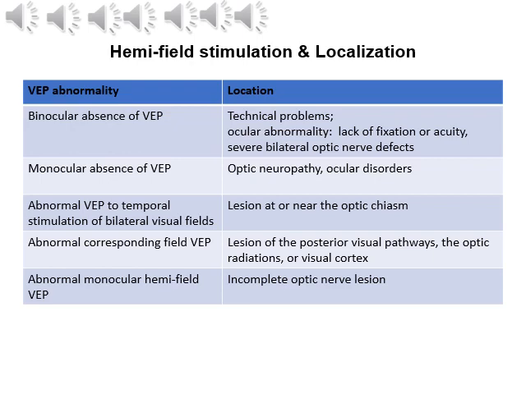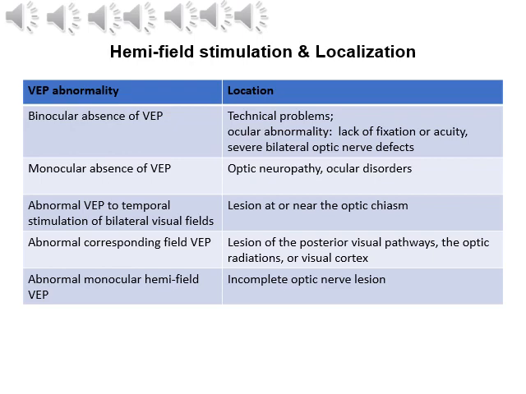Moving down to line 4, if there's a lesion post-chiasmally at the optic tracts or at the optic radiations, that would generate an abnormal VEP in the contralateral recording electrode.